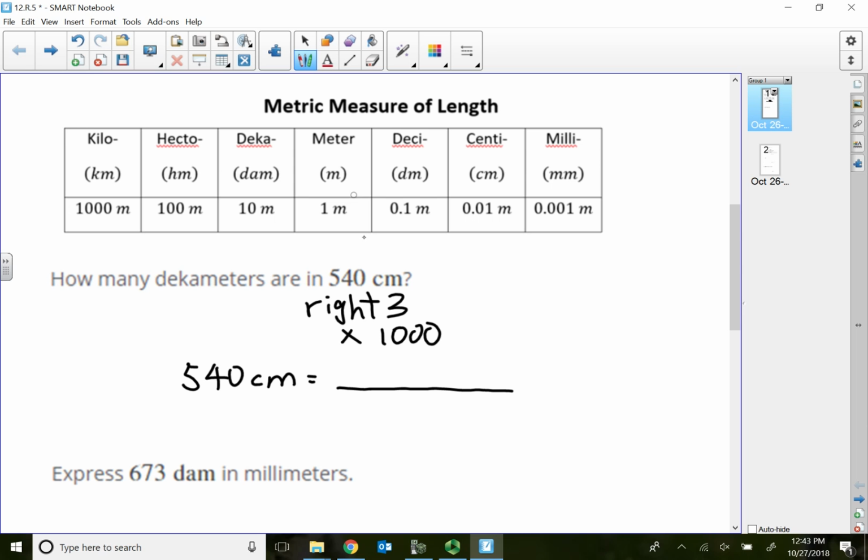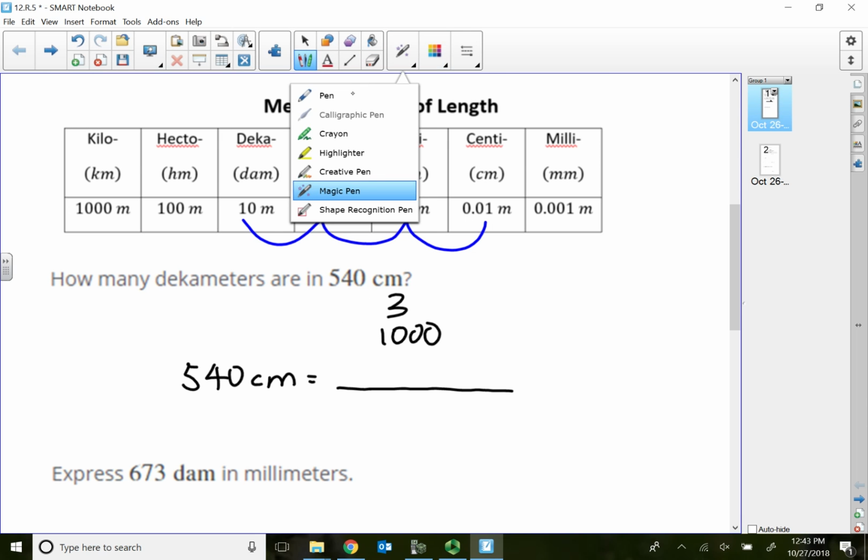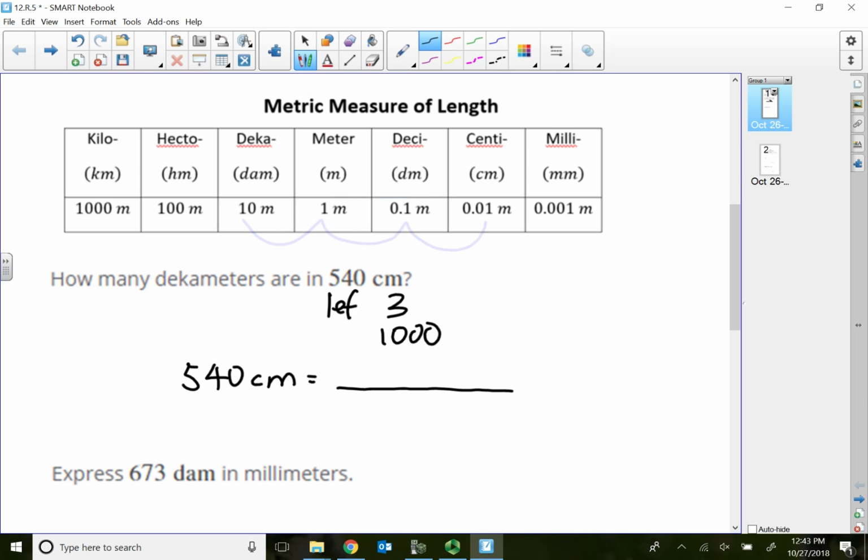I'm actually going to start at centimeters. I actually need to go to deca. Sorry about that, because my number 540 is in centimeters. So I actually need to go to the left 3 places.